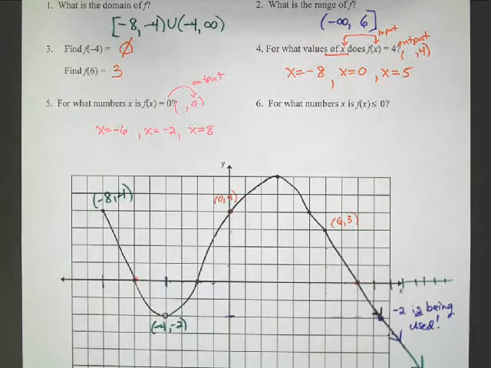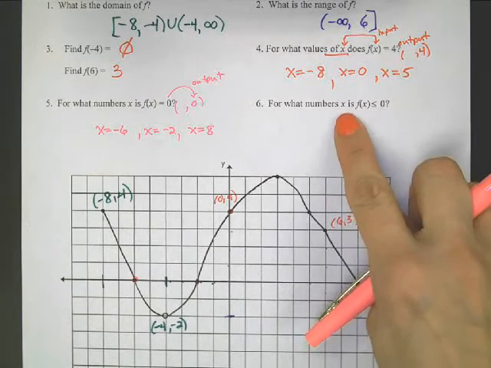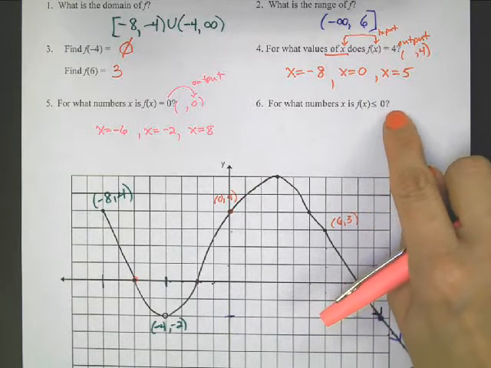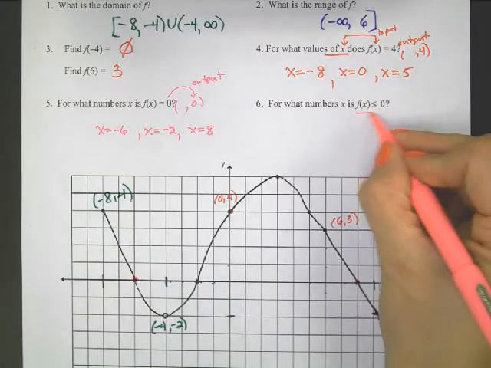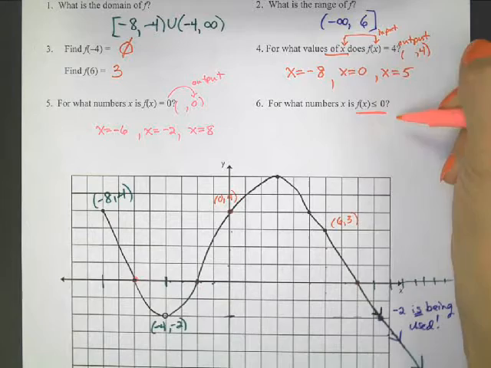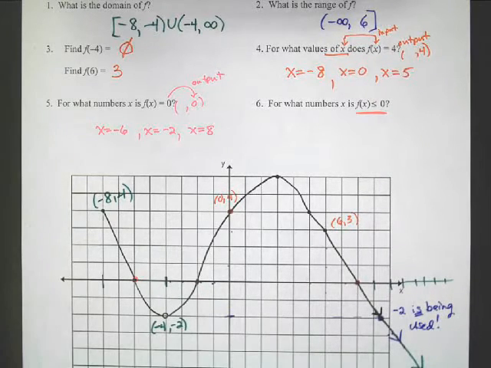And then we have that weird question from yesterday. For what numbers is the graph less than or equal to 0? Okay, we have to make sure we look at the directions clearly. Yesterday it was greater, now it's going to be less. So I take out that fun little piece of paper, and I'm only going to show you the graph that is less or equal to 0.